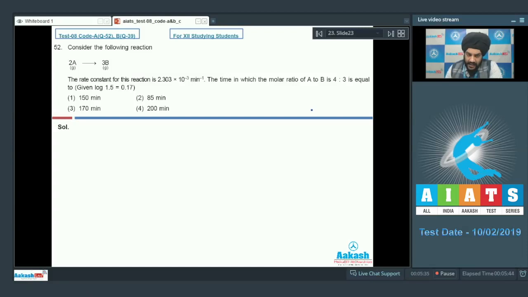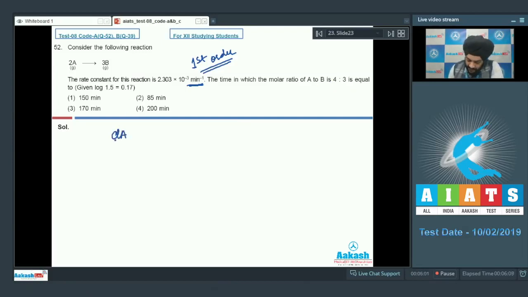Consider the following reaction. So we have 2A converting into 3B. The given rate constant for this reaction is 2.303 × 10^-3 min^-1. So it is going to be a first order reaction by looking at the units of the rate constant. So the examiner seems to be interested in the time in which the molar ratio of A to B is 4/3. So we can first have the rate law expression.